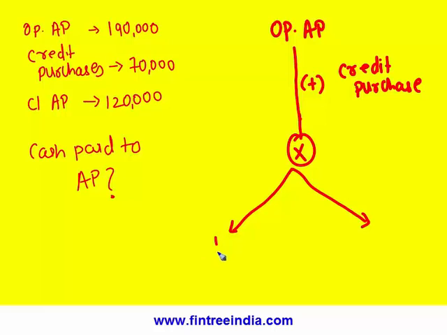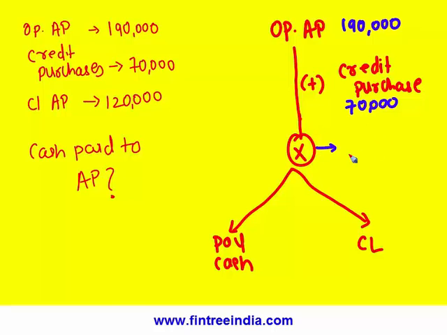Either we can pay these people cash or they will still remain in the closing balance. Make sense? So opening accounts payable 190,000. Credit purchase 70,000. So we have the top portion of this flowchart, which means X in this case has to be 260,000. Closing accounts payable is 120. So cash paid to accounts payable has to be 140.